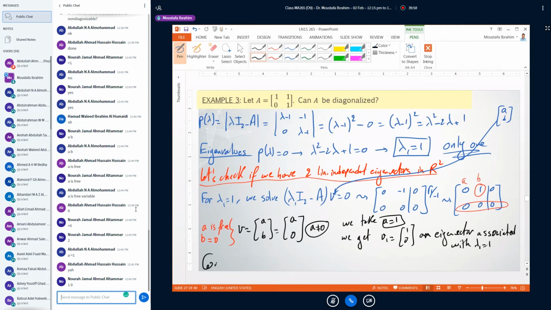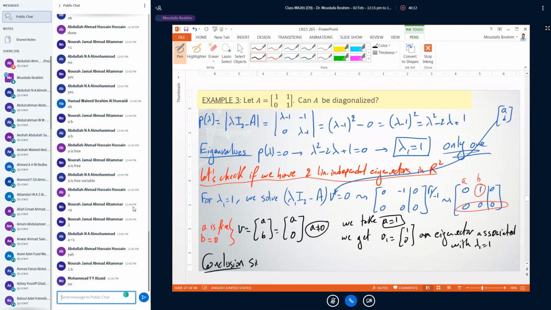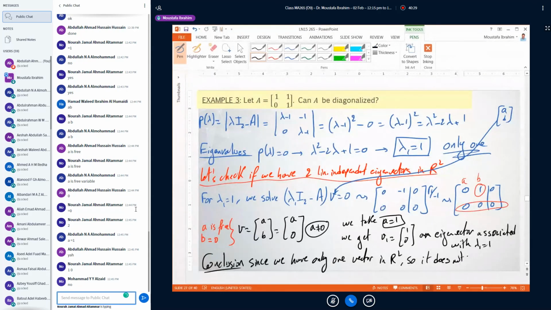So conclusion, guys: is this a basis for R2? To have a basis for R2, how many vectors do we need? We need two linearly independent eigenvectors. Since we have only one vector in R2, it does not form a basis for R2.